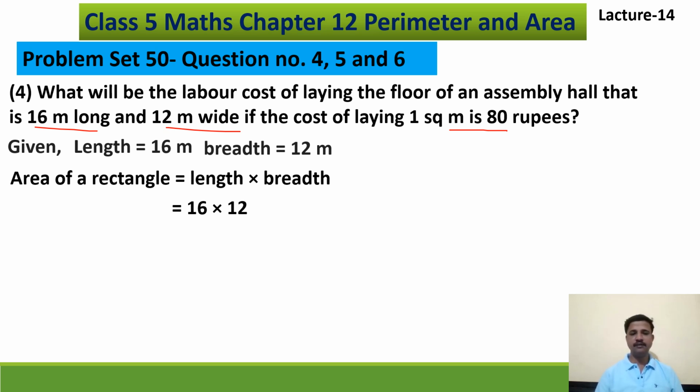12 sixes are 72. 7 is carried. 12 ones are 12, 12 plus 7 is 19. 192 is our answer.